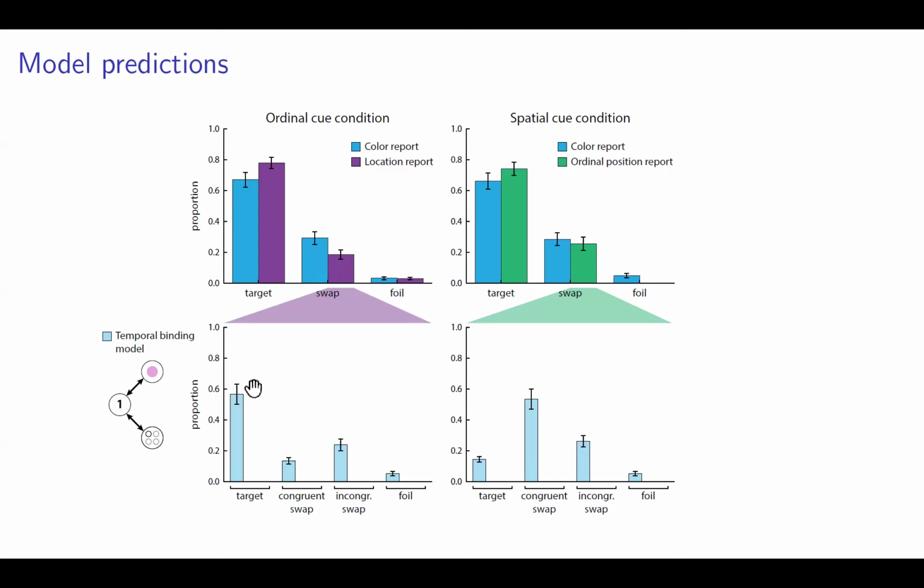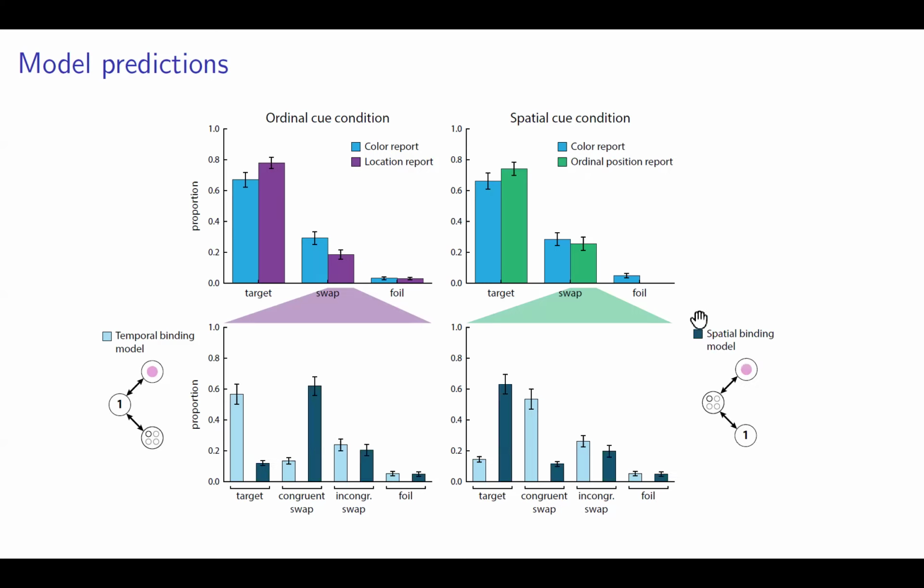Again, the height of the bars is computed from the confusion matrices that we observed in the different conditions. Conversely, the spatial binding model is just the opposite. If color and ordinal position are bound via their location, then you should see congruent swap errors when cued with location.